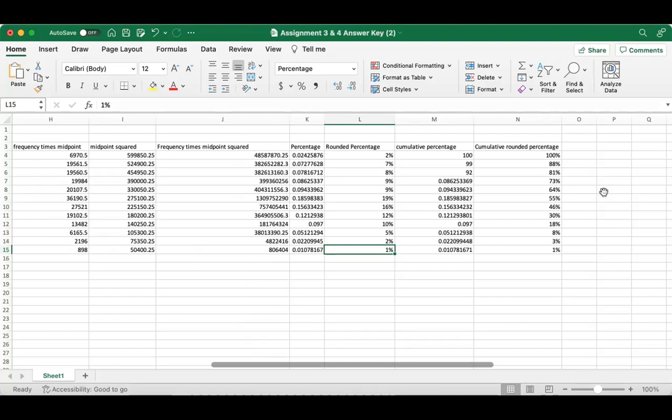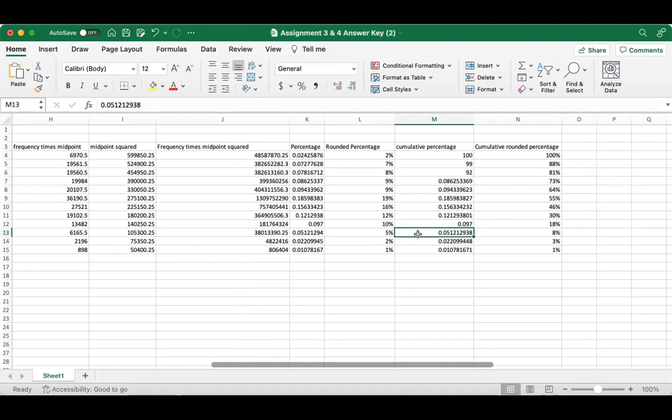So this is going to be equal to K12 plus K11. That makes a little more sense. So K13 plus K12, K12 plus K11.